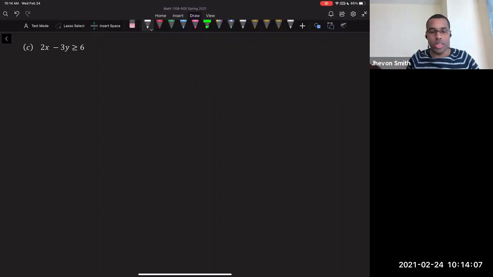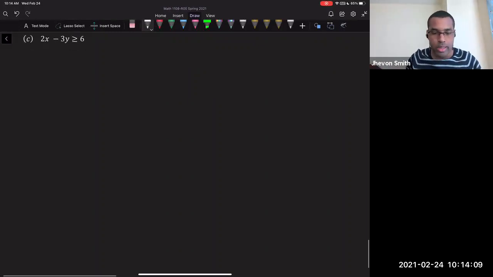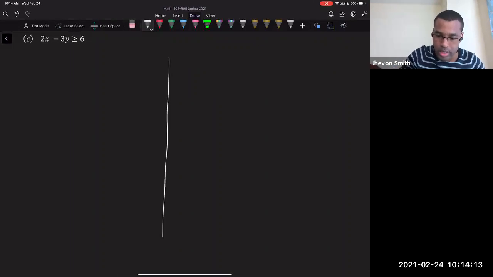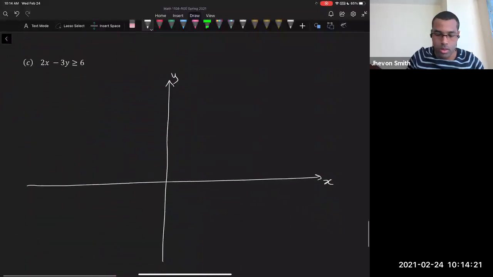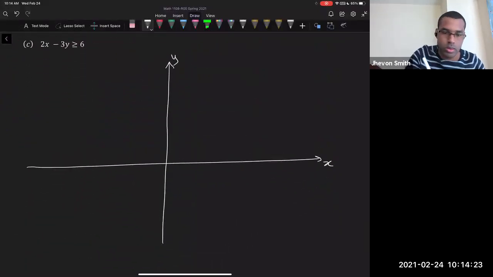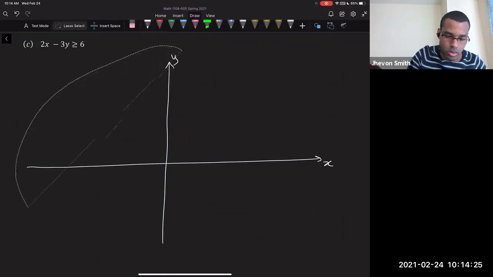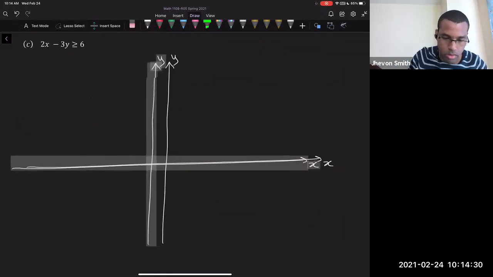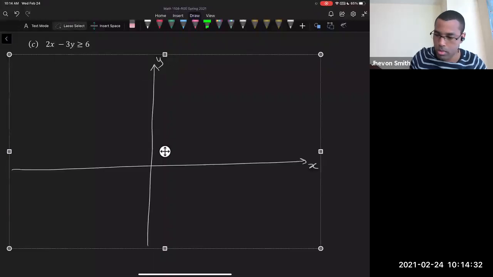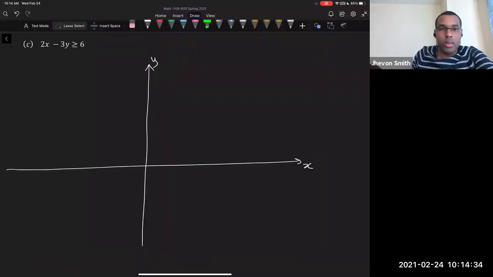So here's what we're going to do. So obviously first we're going to need our axes. Okay. Now, how do we actually sketch this?